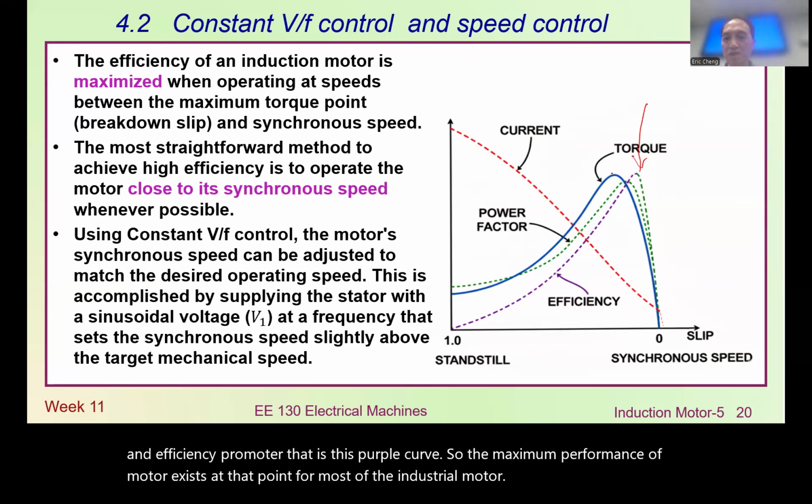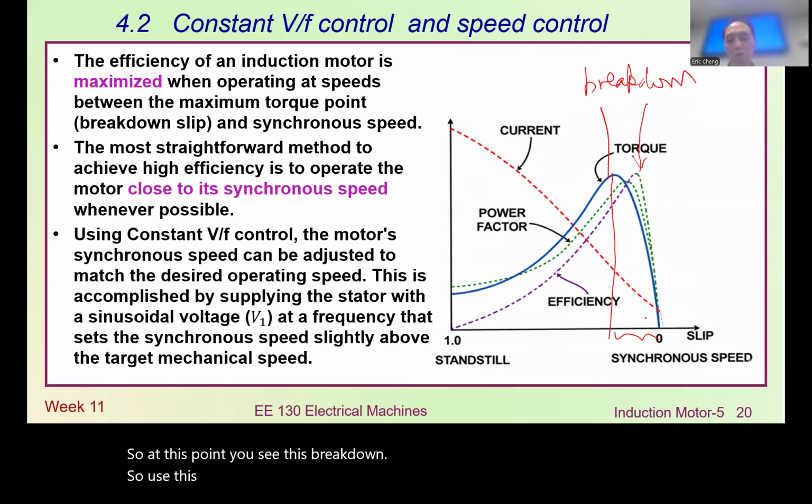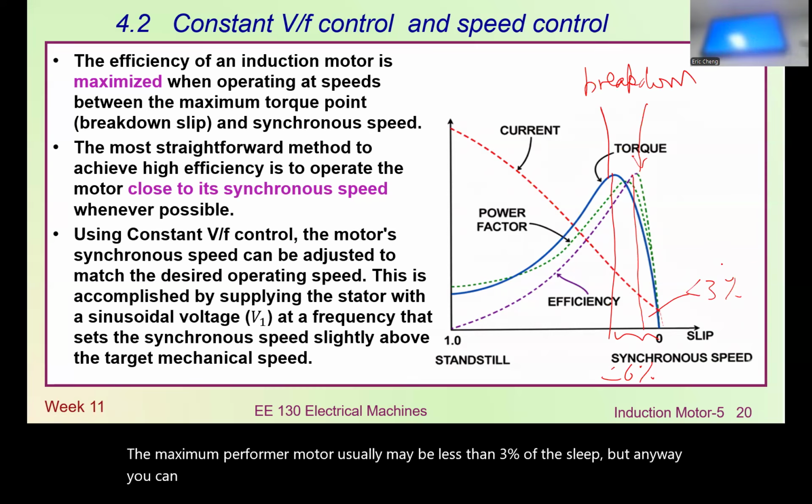So this point, you see this breakdown. Usually this percentage is really small, usually less than say 6%. The maximum performance of the motor is usually at maybe less than 3% of the slip. But anyway, you can see that if you control the motor to always work within this region, within that slip, the efficiency of the motor will be the best.